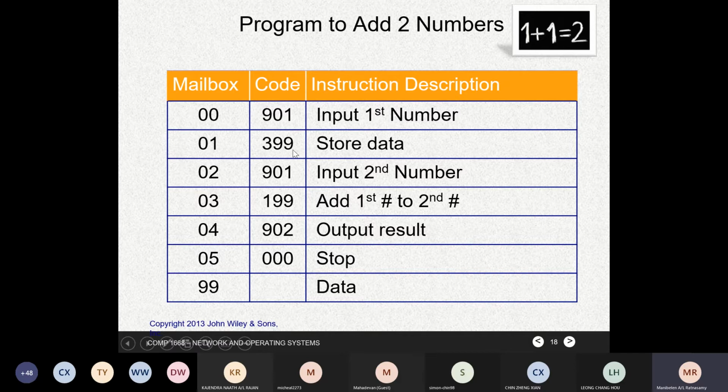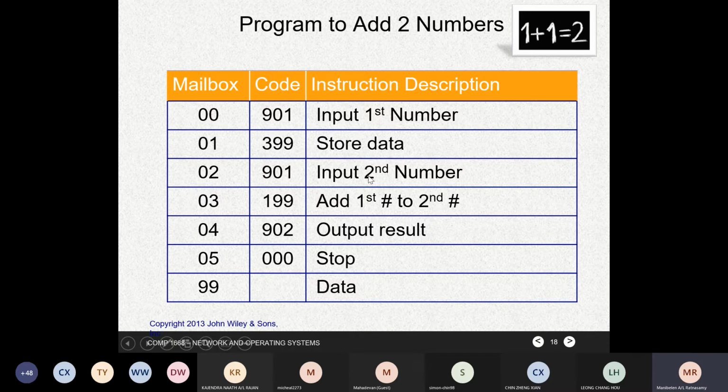And then you have another mailbox, number 02. What is the instruction at mailbox number 02? Input second number. That is the instruction. So now you have two different numbers, first number and second number. What is the instruction at mailbox 03? 199. That means add the first number to the second number.